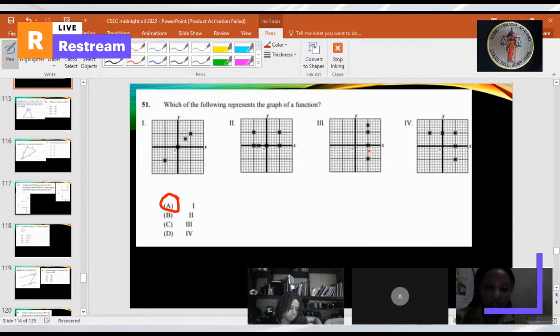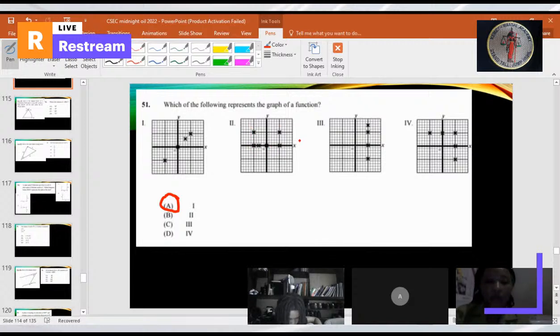So this value here on x would be equal to three different y values. It would correspond to three different y values here. Same for here. And this and this would be the same.